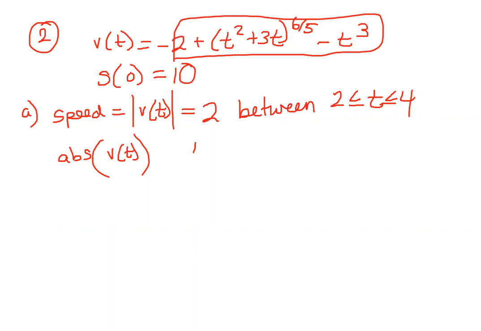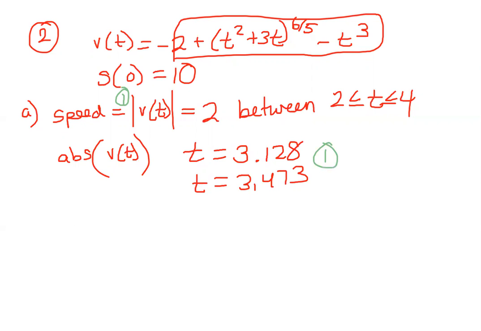You should get, this is all the stuff on your calculator, t equals 3.128 or 3.127, and t equals 3.473. There's 2 of them where the absolute value equals 2. That's your answer to part A. You get 1 point for knowing that speed equals absolute value, and that you have to set that equal to 2, and then you get 1 point for your answer.